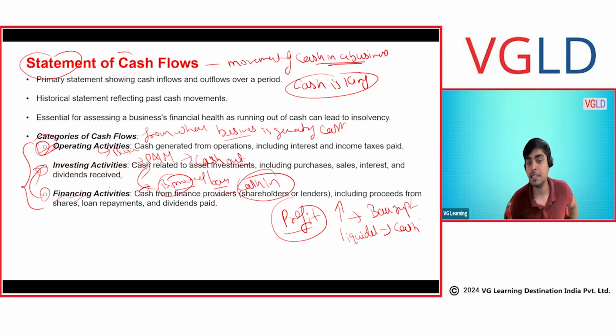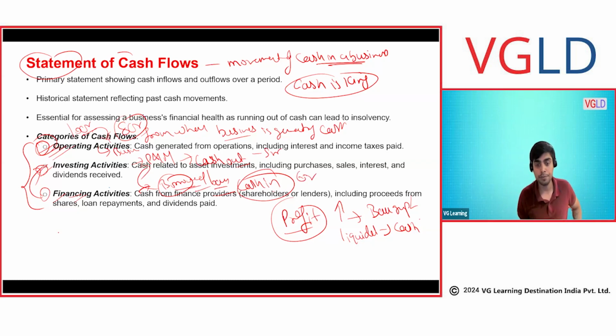What does your operating business say? Let's say you have made a profit of 10 crore, but operating business only shows that you have received cash of 8 crore. So how much cash you have received from operating business is 8 crore. How much money have you paid in investing? Let's say 5 crore. And how much loan have you taken? Let's say 6 crore.